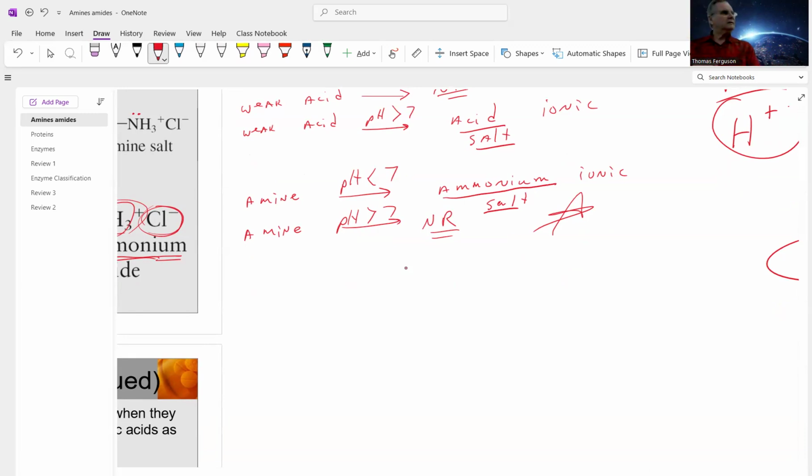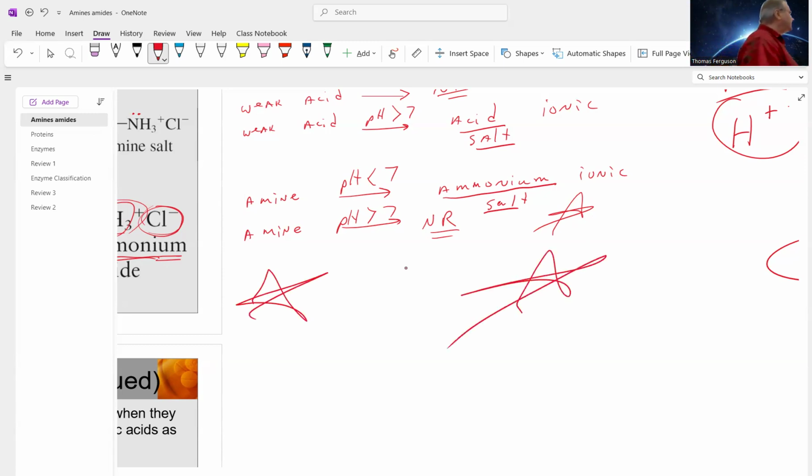In pH of alkaline greater than 7, it's no reaction. You need to know these. This will be on the test. Every test I've given in the last 19 years or so.